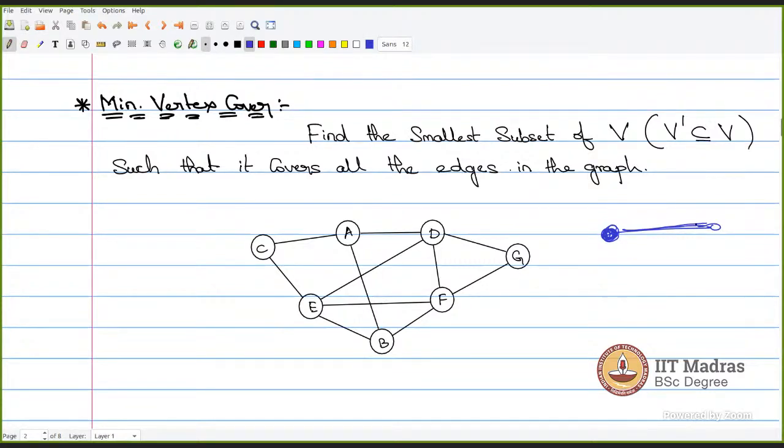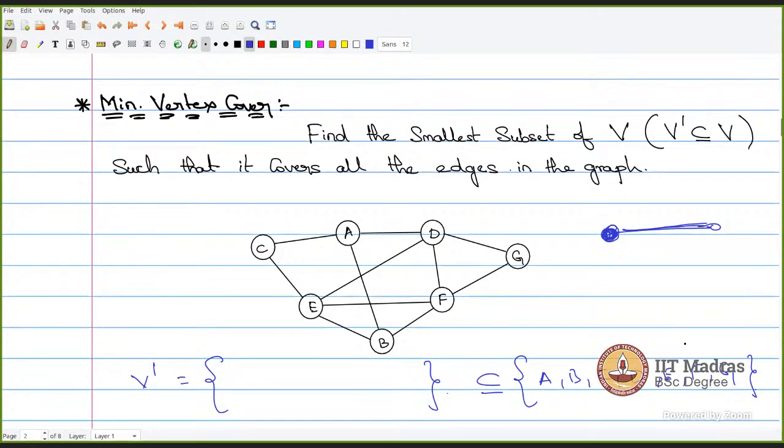Now we know that V prime is nothing but a subset of V. So it should be a subset of the set A, B, C, D, E, F, G. This is the set of vertices we have, and V prime should be a subset of this. How do we start?